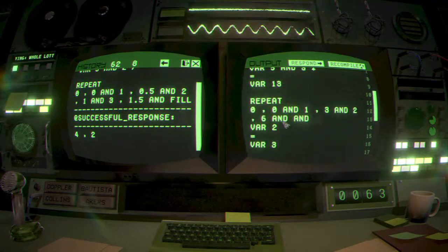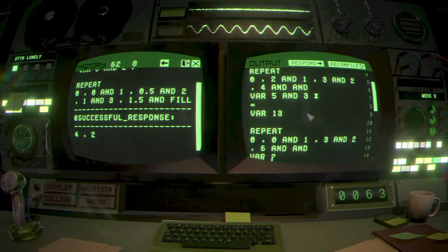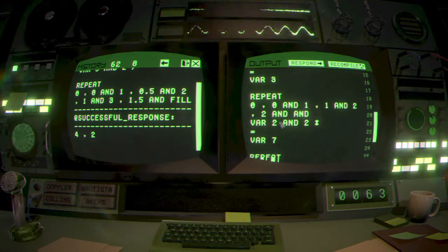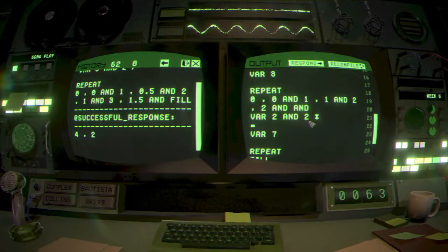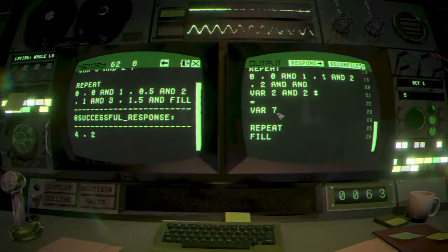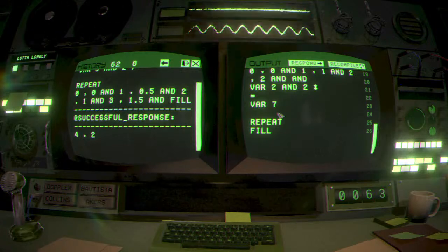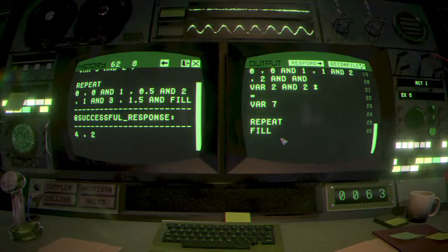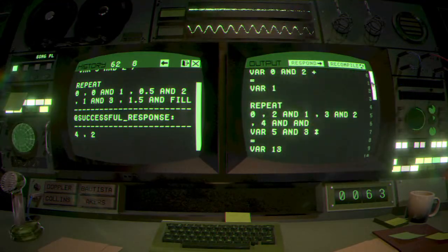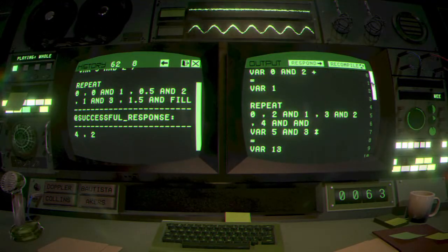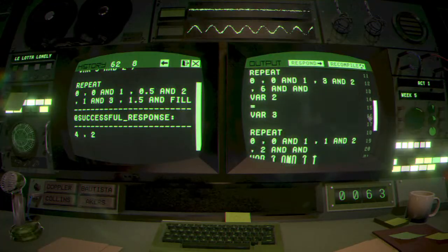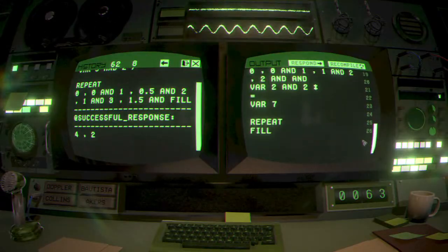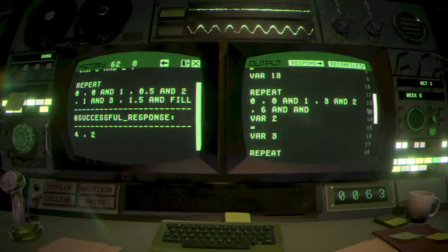Variable 2 equals variable 3. One and 1, 2, 2. Variable 2 times 2 equals variable 7. And now they want me to do the whole thing. What? So we start with 0.